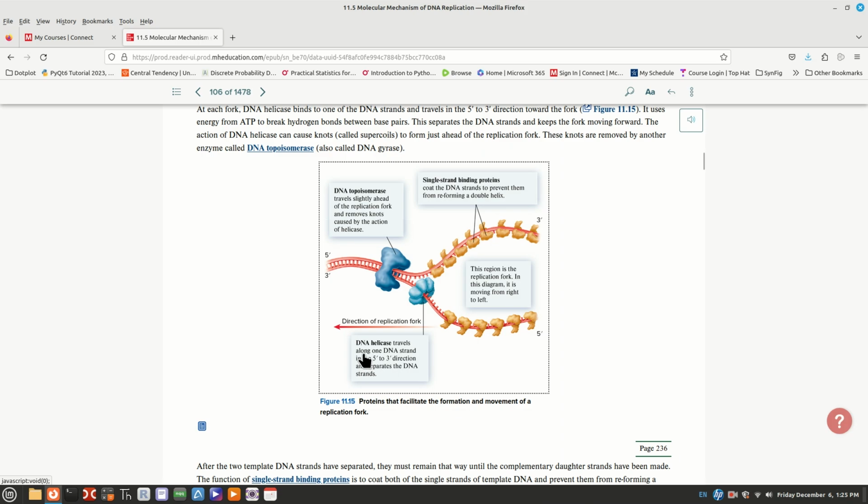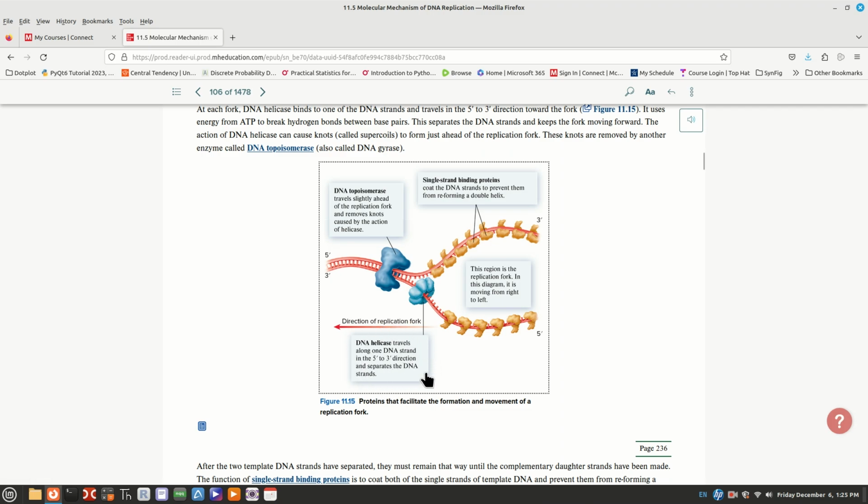This says along the strand in the 5' to 3' direction it separates the DNA. It attaches to that one and moves in the 5' to 3' direction, in the opposite direction of the rest. But you don't actually need to know which way it unzips it. You really just need to know that it unzips it.